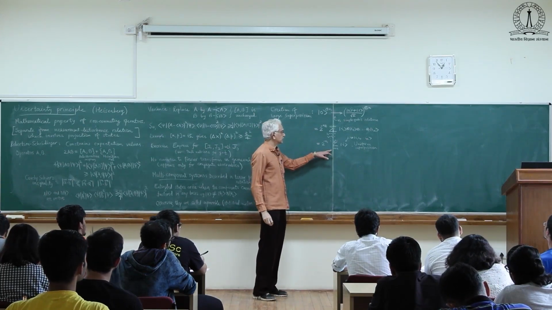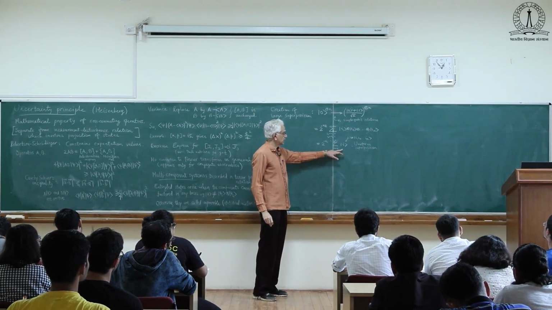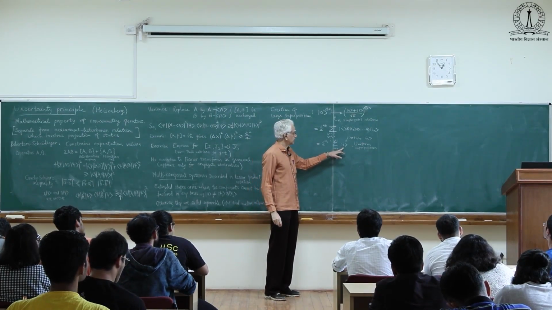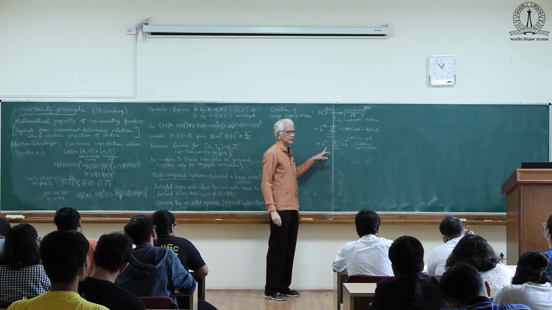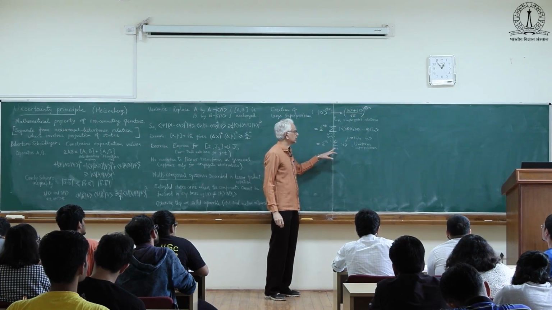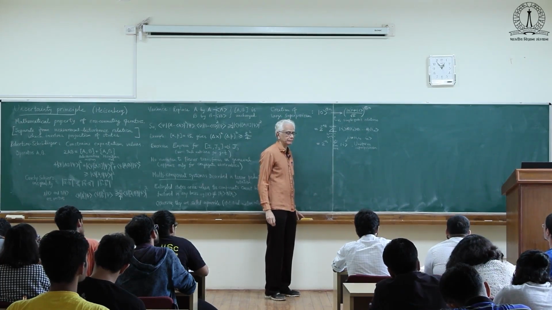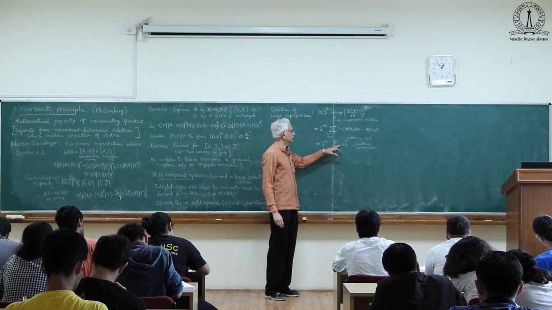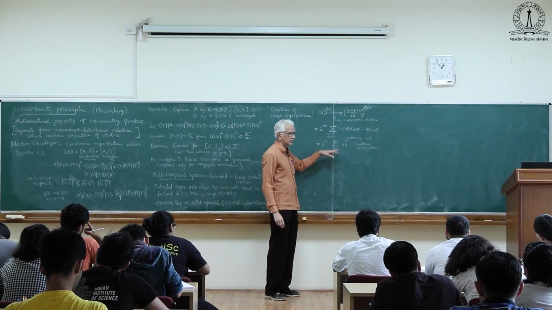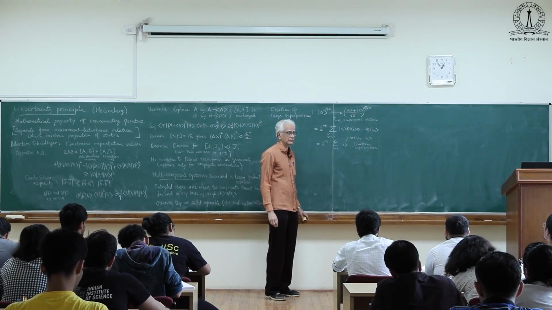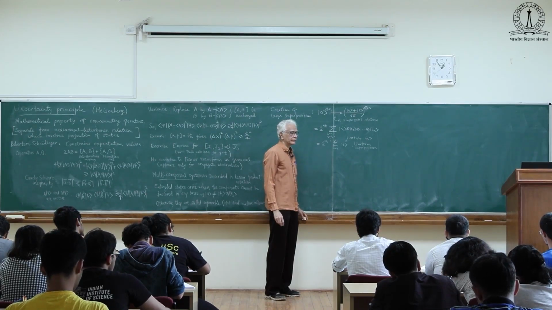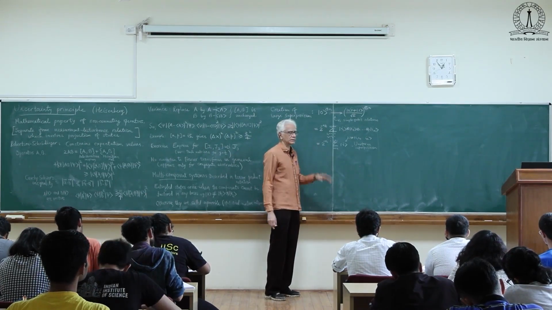And what we have here is all possible values of I with equal weight. It's called a uniform superposition. How many components are there inside here? 2 raised to n. So it's a large superposition.